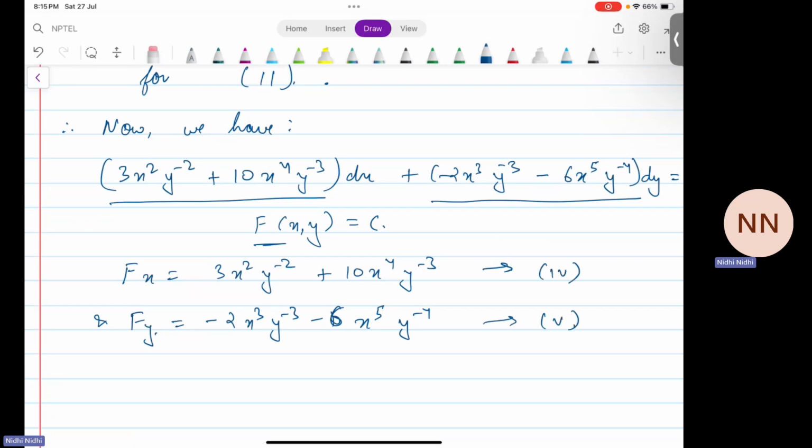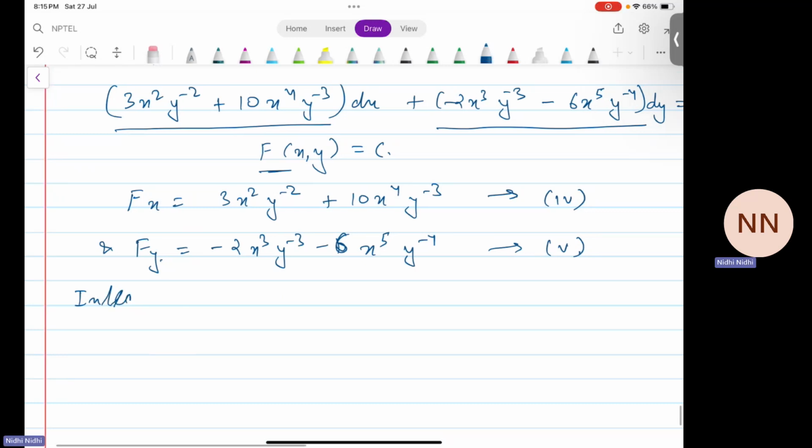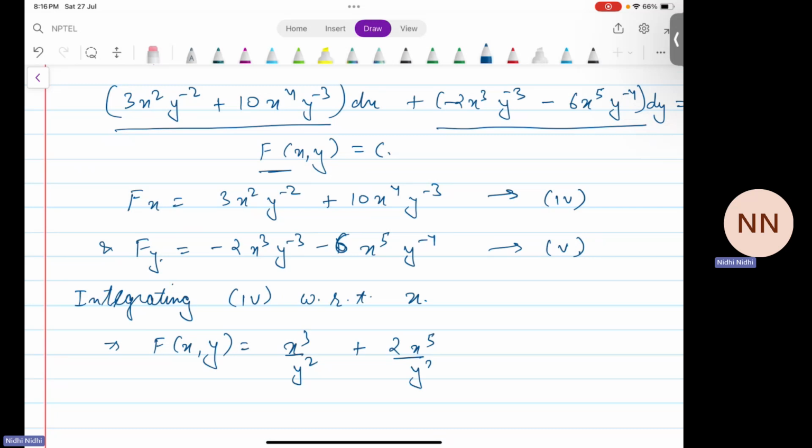Now, if we integrate equation fourth with respect to x, we get f(x, y) equal to x^3 by y^2 plus 2x^5 by y^3 plus some function of y, g(y). Why did we take this g(y)?